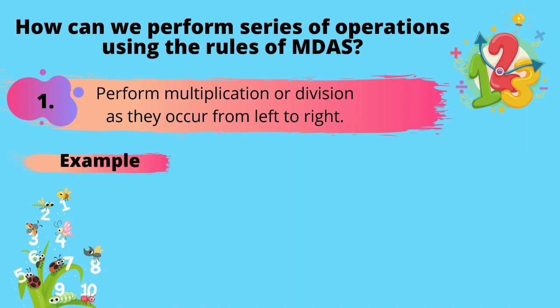For example, 9 divided by 3 times 6. What operation do you think we are going to perform first? Is it division or multiplication? So this is the time that we will consider the condition from left to right.